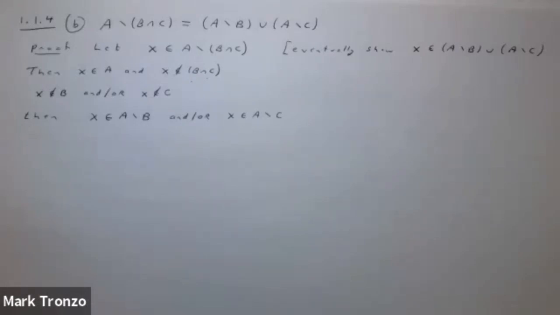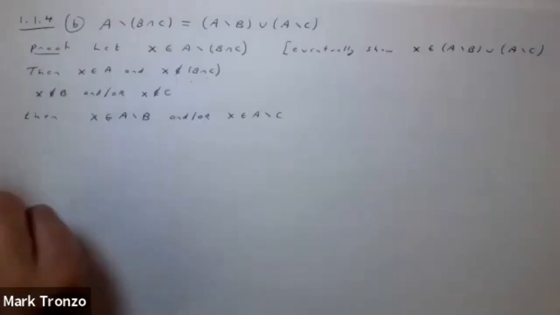So it's in A and not in that intersection. Then that means X is in B and or not in C. So X is in A complement B and or X is in A complement C. Does that sound right?